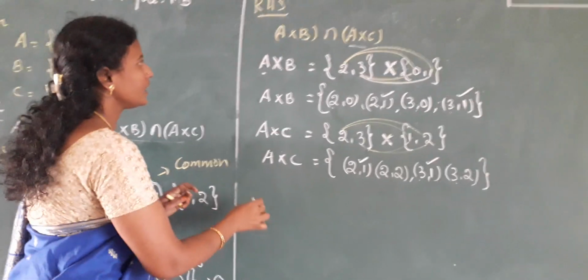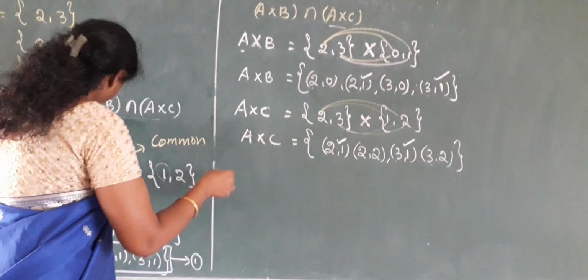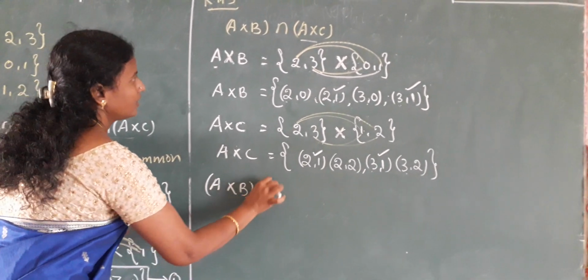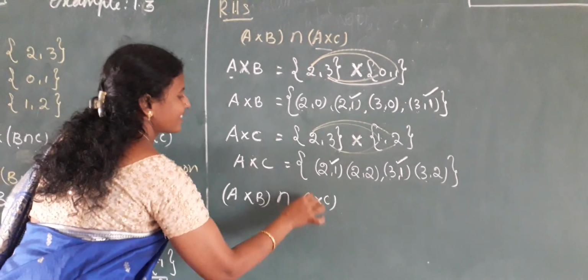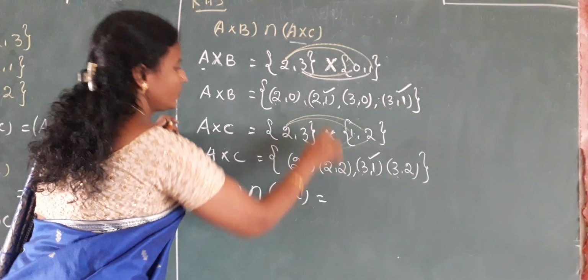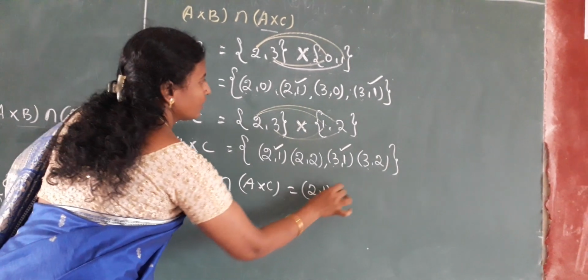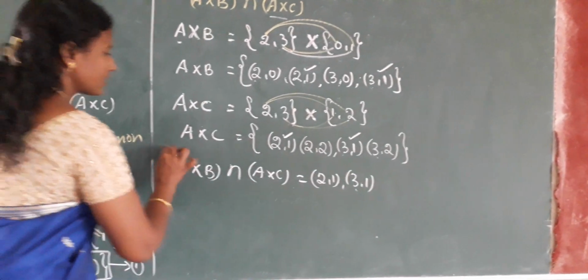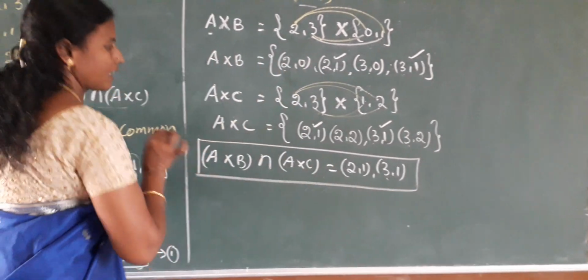So finally, A cross B intersection A cross C is equal to 2, 1 and 3, 1. Here, this is the right hand side.